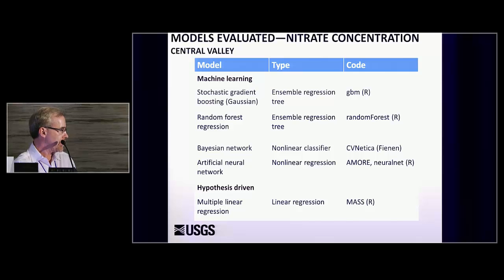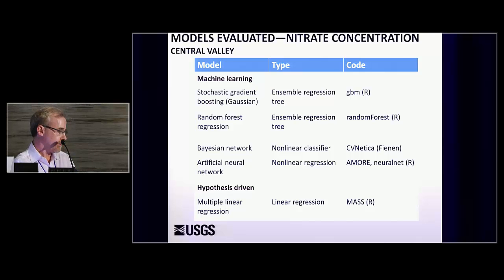We also looked at Bayesian networks, artificial neural networks, and then also hypothesis-driven approaches such as multiple linear regression. And most of these were done in R, and Bayesian is Netica software that Mike Feenan has attached a cross-validation wrapper to it to do cross-validations.